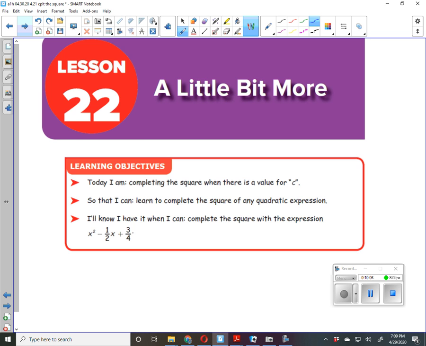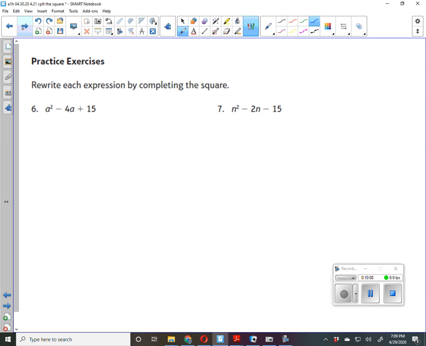All right, a little bit more. All right, rewrite each expression, completing the square. What we're going to do is do this without an equal sign. So this says a squared minus 4a plus something plus 15.